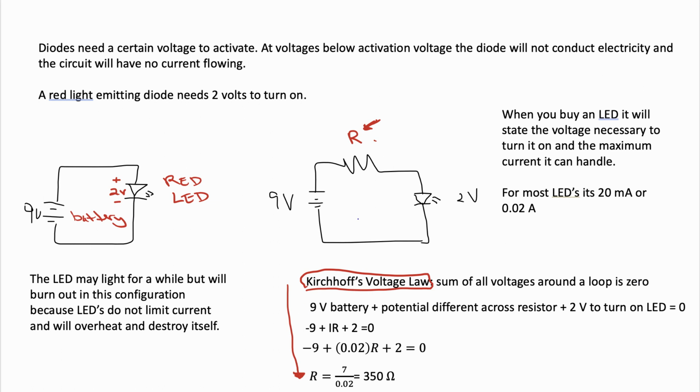And so if we go around this loop and there's a current flowing through it, it says the sum of all these voltages have to be 0. So we have the 9-volt battery. It has a voltage. When current's flowing through it, a resistor, it has a voltage. Then we have the 2 volts that are needed to turn on the LED, and all that's equal to 0.